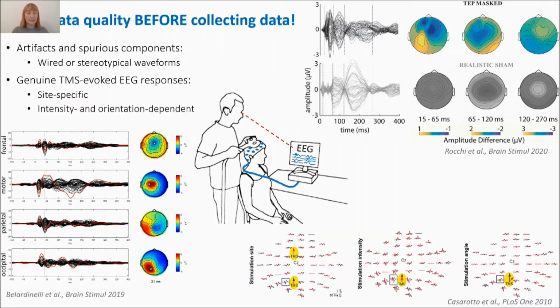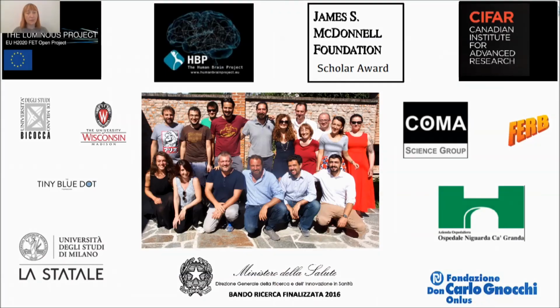This means that genuine EEG responses to TMS are highly sensitive to stimulation parameters. And this sensitivity, this specificity, is evident not only right after the pulse, but also at longer latencies and lasts several hundreds of milliseconds. Thank you for your attention.